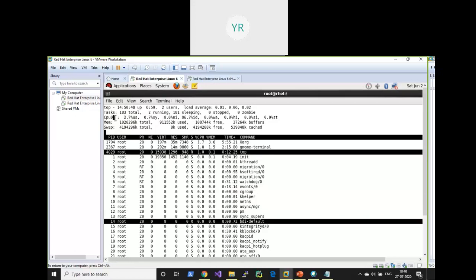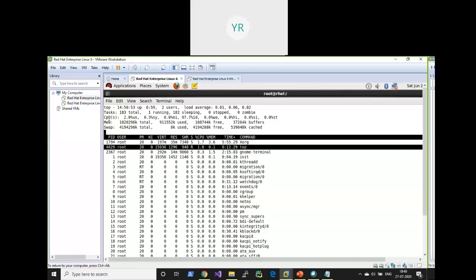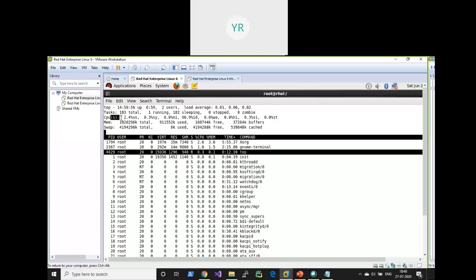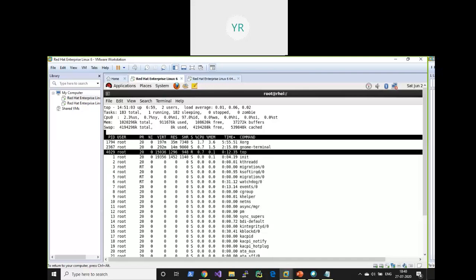So how to get that information? Just press 1. Again if you press 1, it gives information about all the CPUs together. If I press 1 again, it gives individual CPUs, so that real time troubleshooting is easy. You can find out which CPU has more load like that.